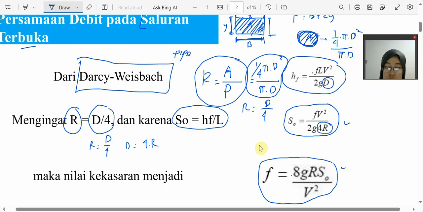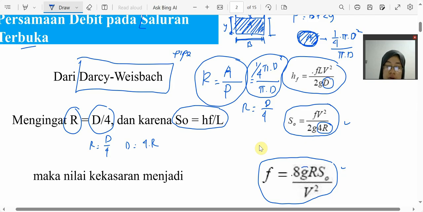So this is just the big picture, yeah. This is the big picture to explain to us what parameter really impacts the friction factor that we will talk about in these lectures, okay?